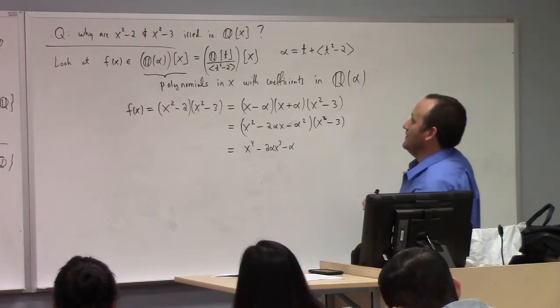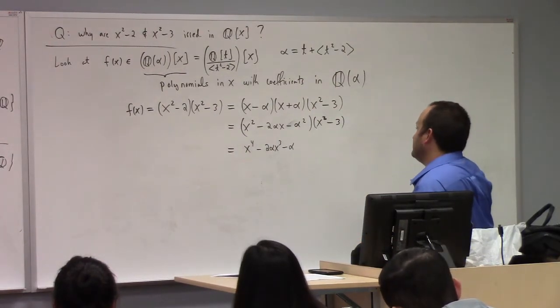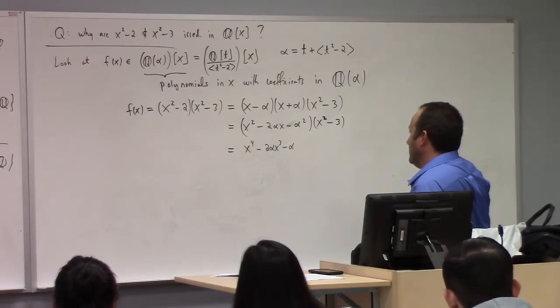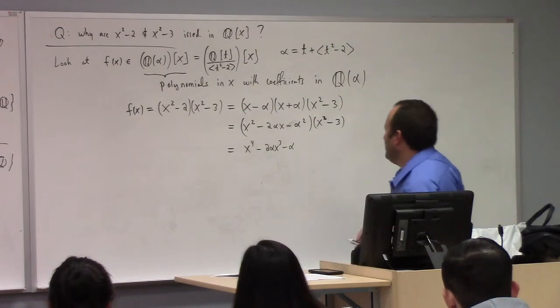Okay, so if you FOIL x minus alpha and x plus alpha, you get x squared, then minus alpha x, and then plus alpha x. So do those go to 0? Yeah, why? You have a minus alpha x plus alpha x that you turned into a minus 2. Oh, you're asking me something simpler.